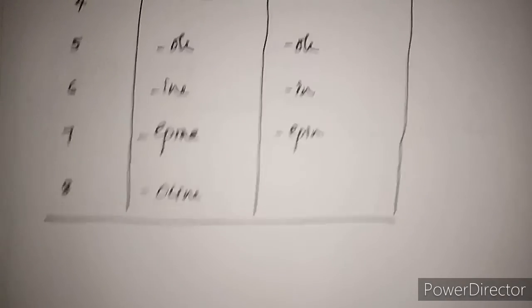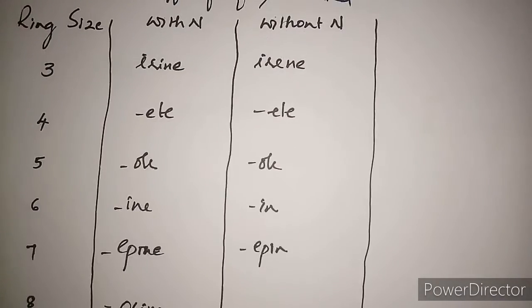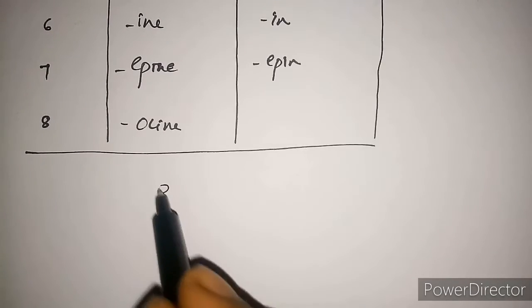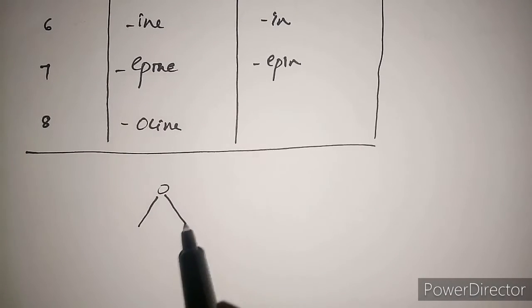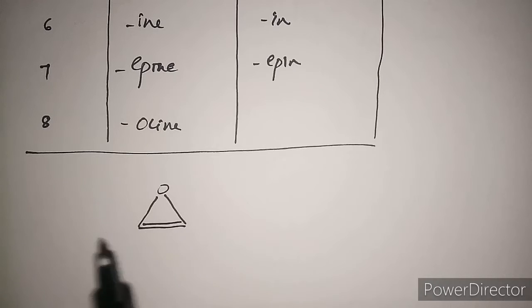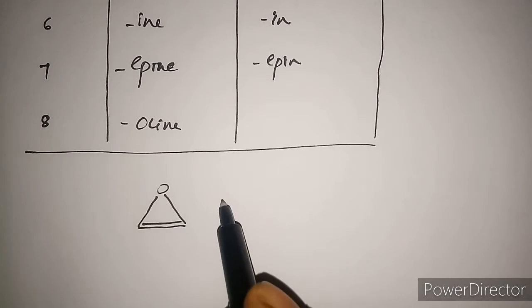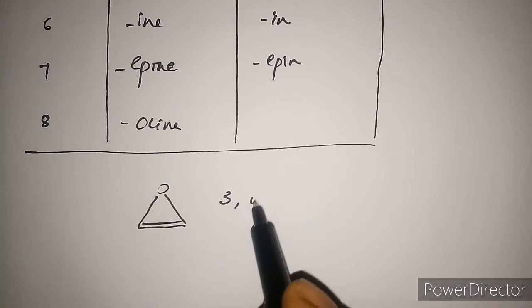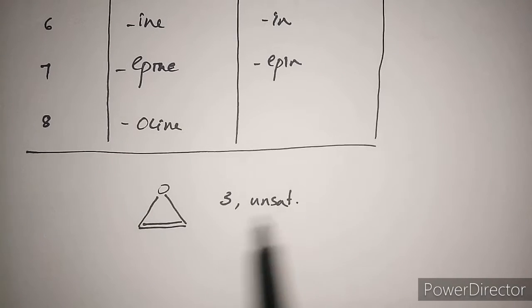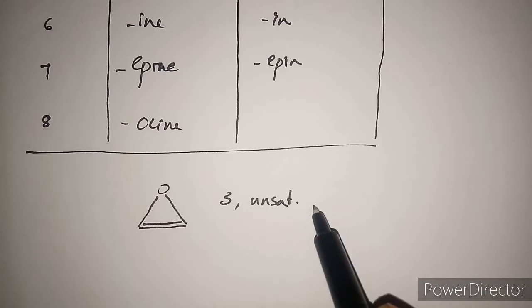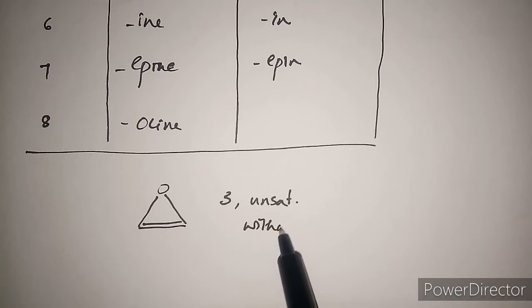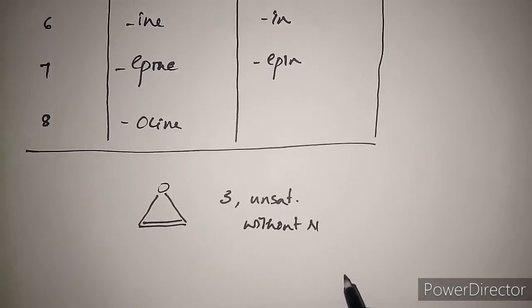Now I can take an example here. Now we have oxygen in a 3-membered ring system. This is an unsaturated system, 3-membered, without nitrogen.